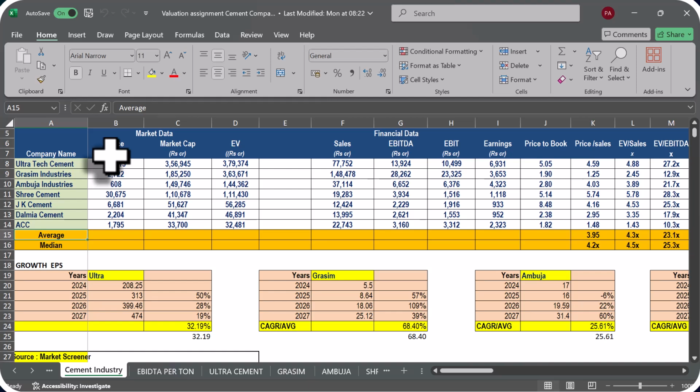Why do we choose the same industry? Because when we are doing relative valuation, we are taking comparative companies which can be compared. This is the simplest way of looking at comparable companies. But sometimes these companies may not be comparable at all, yet because they are from the same industry, we say that they are comparable.